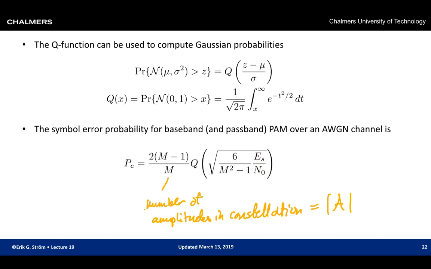E_s is ultimately dependent on the power of the transmitted signal. So power helps us here.